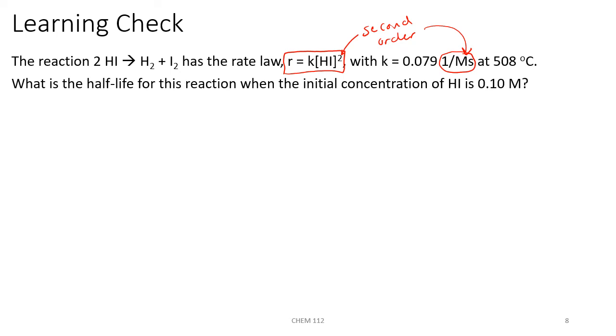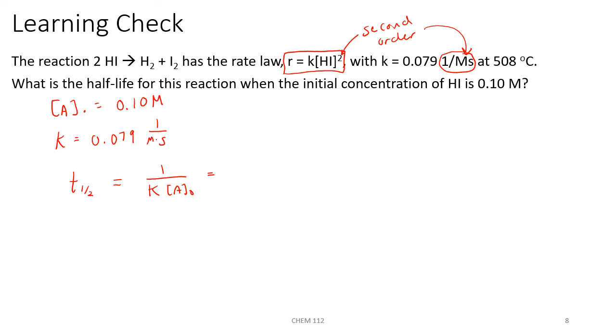So we have our K value. We also know our initial concentration, A sub 0, is equal to 0.10 molar. K is equal to 0.079, 1 over molarity times seconds. And so our half-life for a second order equation, T1/2, equals 1 over K times our initial concentration.